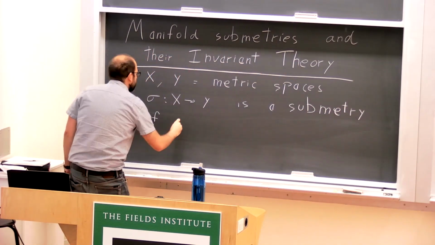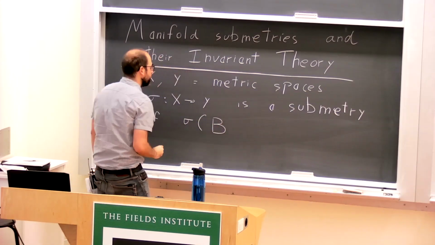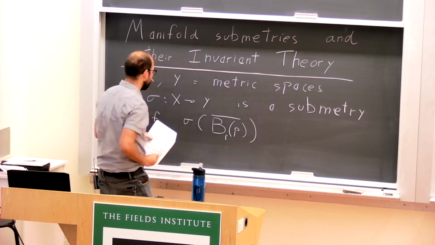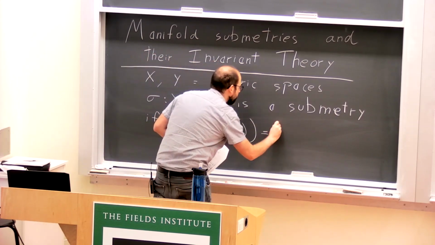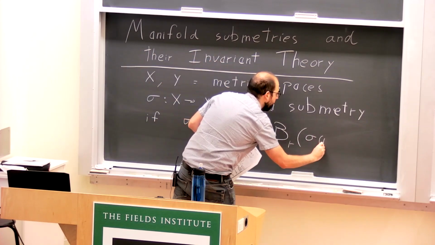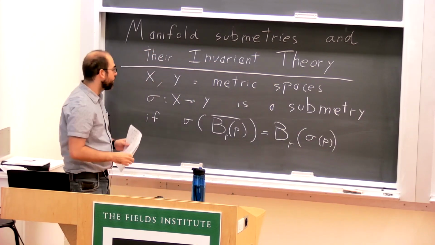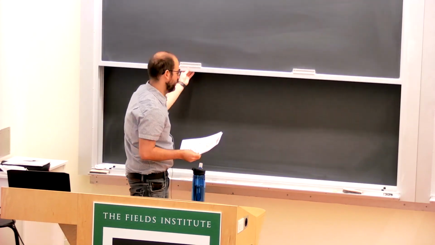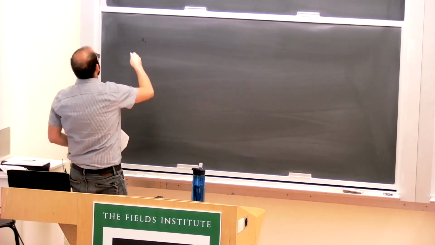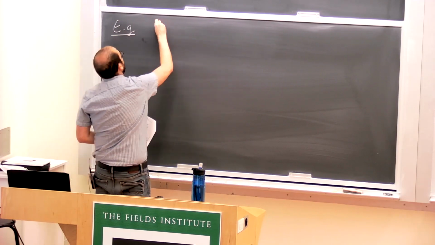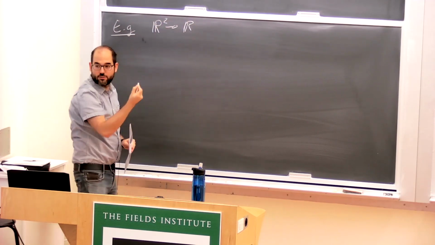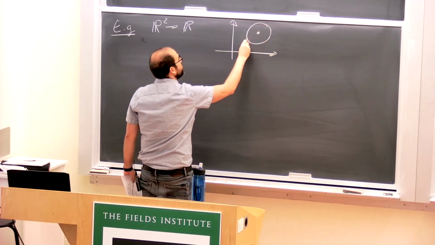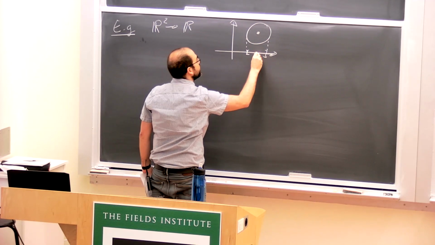So if you take sigma of a closed ball in X of radius R around P, that is equal to the closed ball of the same radius R around sigma of P. The picture you could have here is something like the usual projection from R2 to R. You have a closed ball here, and you project it onto the x-axis, and you get a closed ball here as well, of the same radius.